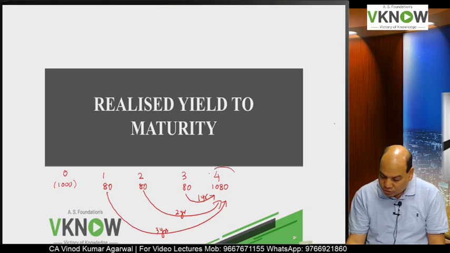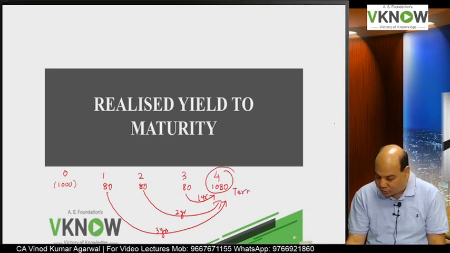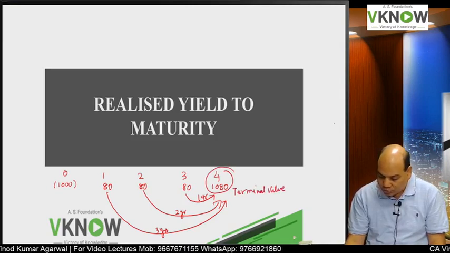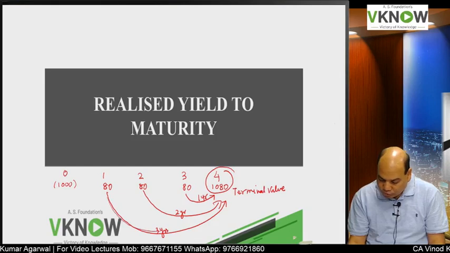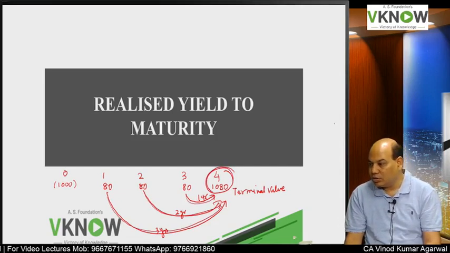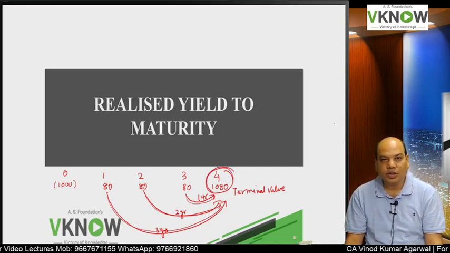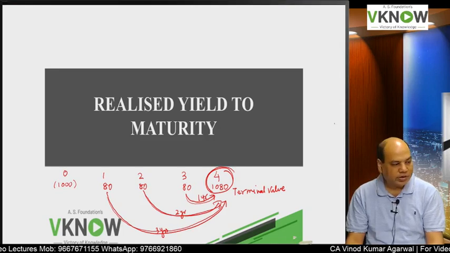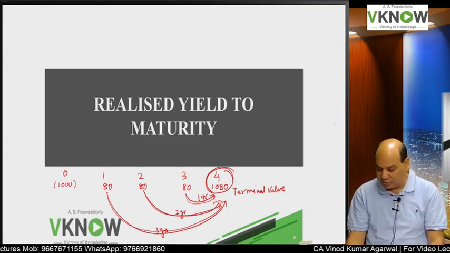On the maturity date, we will calculate the terminal value. What is terminal value? Terminal value means the future value of all these cash flows generated by the bond, invested at an appropriate investment rate.